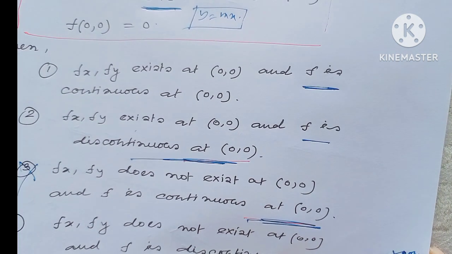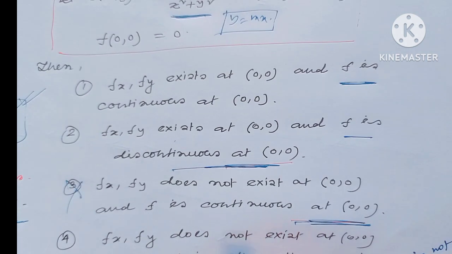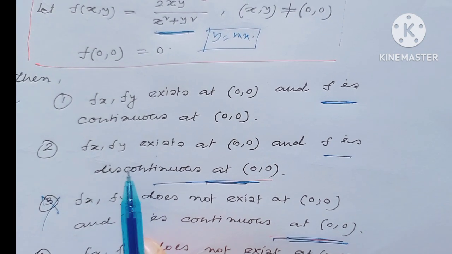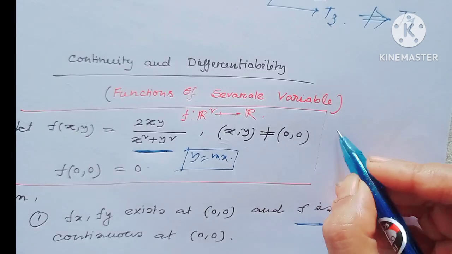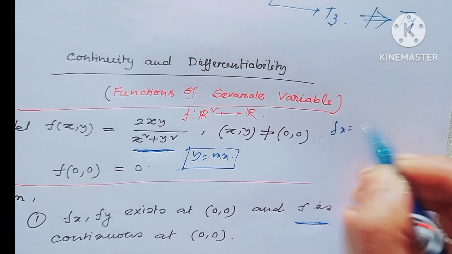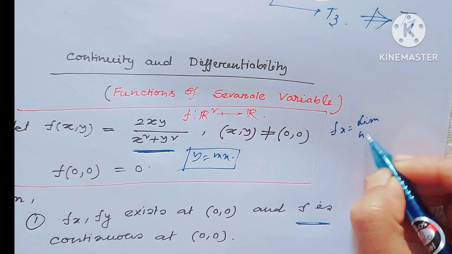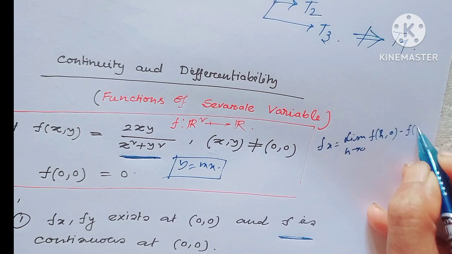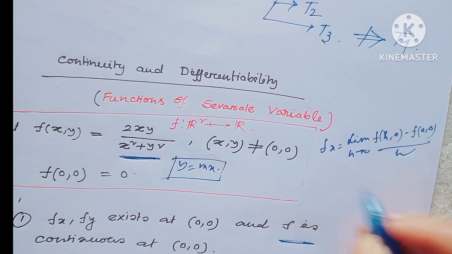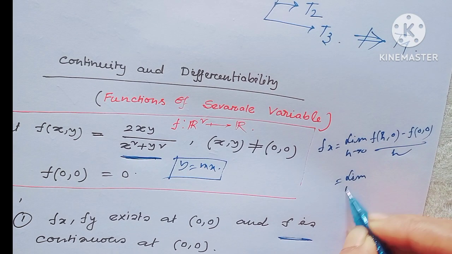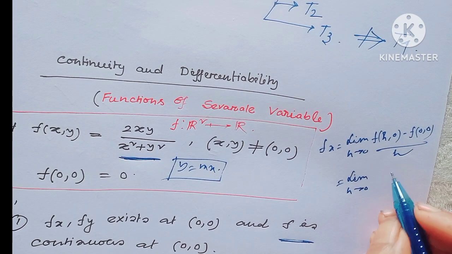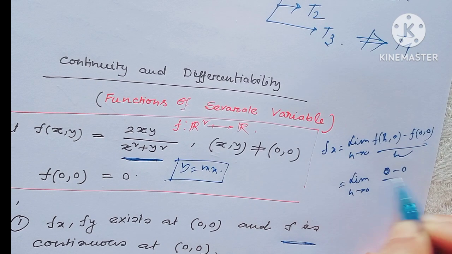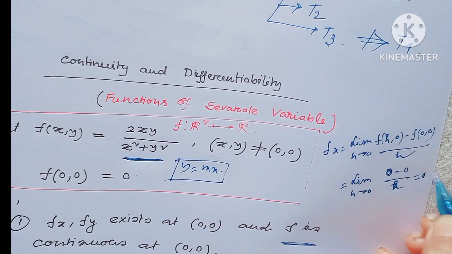But here, the remaining question is whether the partial derivative with respect to x and with respect to y exist. We all know f_x means limit h tends to 0, f(h,0) minus f(0,0) over h. And this value is limit h tends to 0, f(h,0), just put here 2, 0 minus 0 over h, this value is 0.